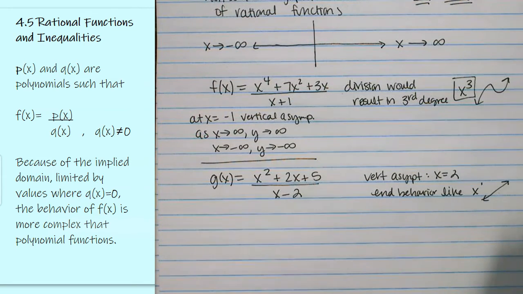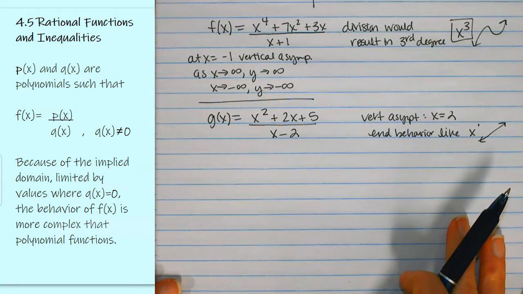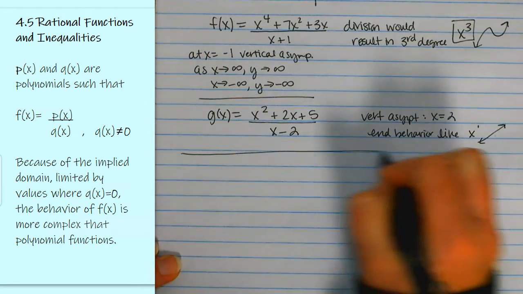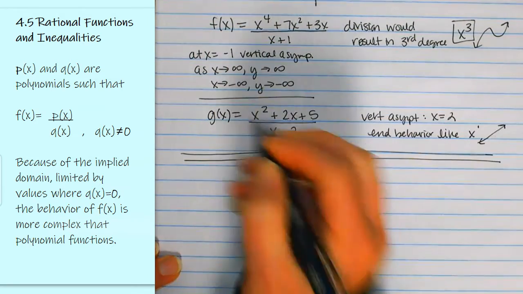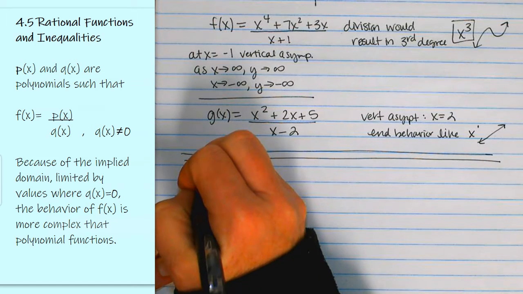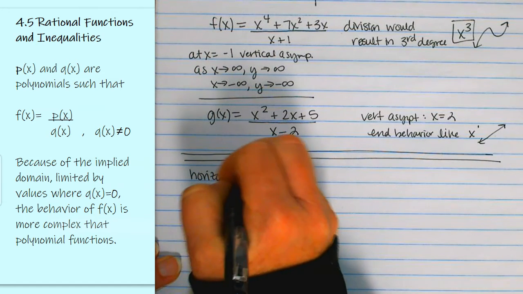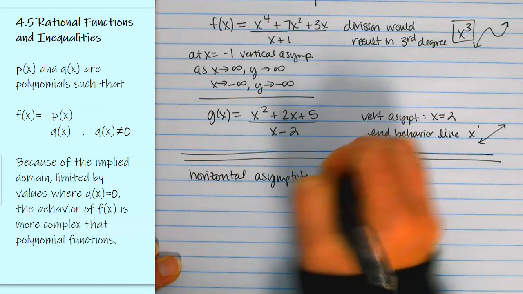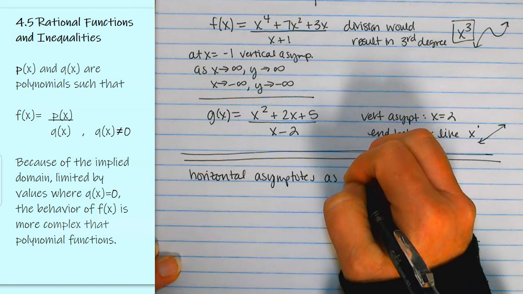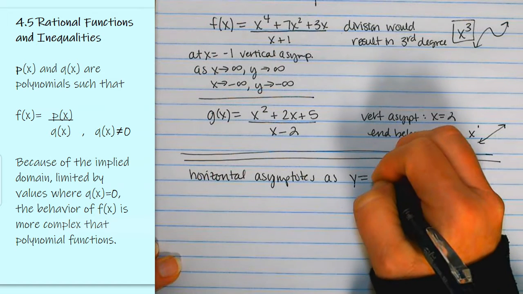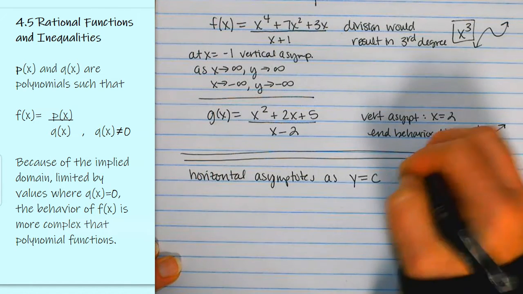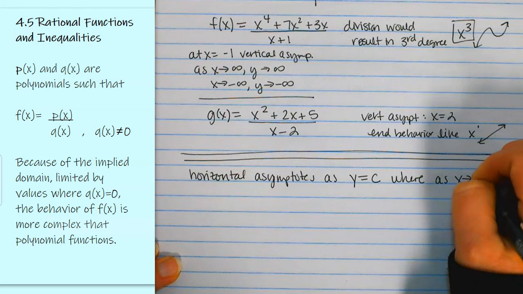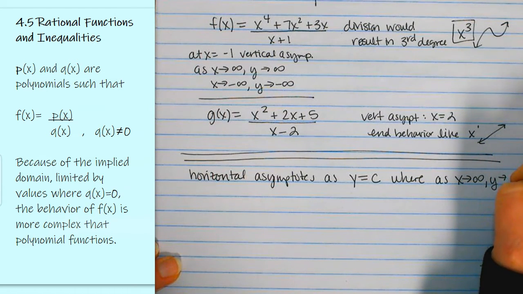So today we're going to focus on both horizontal and oblique or slant asymptotes. So we're going to define horizontal asymptotes as y equals a value c, where as x approaches infinity, y approaches c.